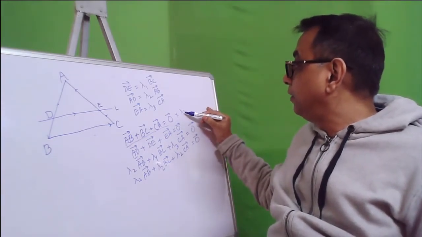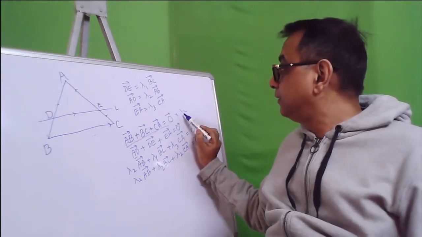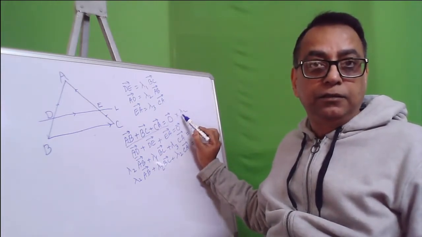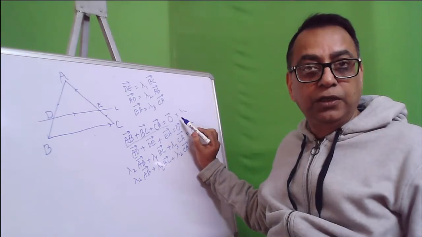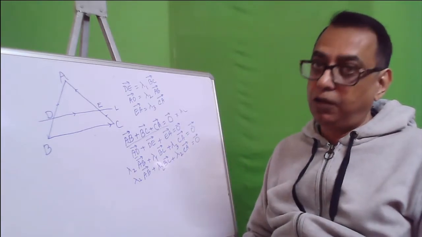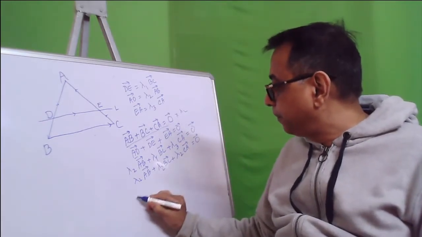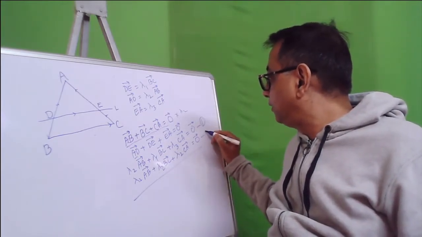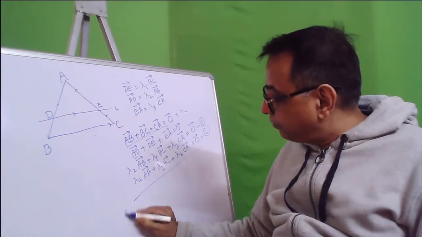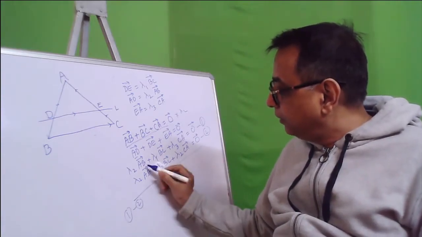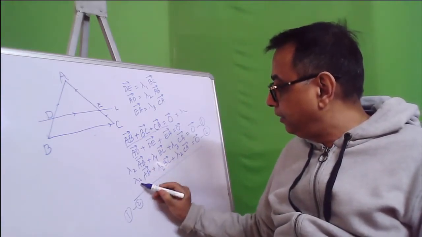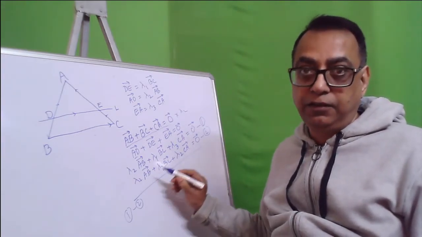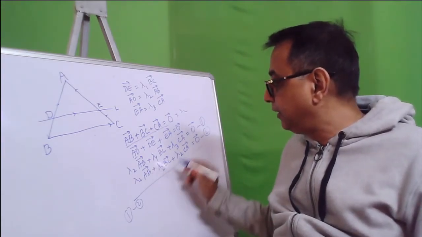Remember that when I multiply a scalar into a zero vector, the result will also be a zero vector. Now this is, let's say, equation 1 and this is equation 2. I subtract 2 from 1. So lambda 2 AB will result in a zero vector. Basically it will get cancelled.